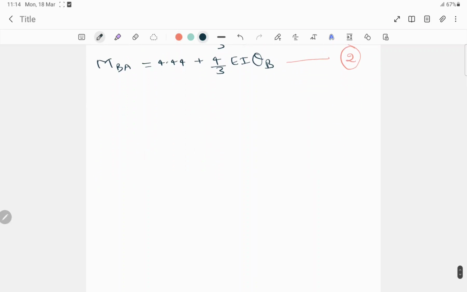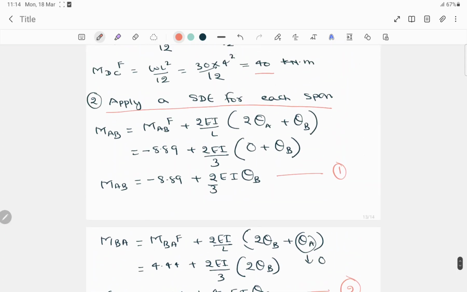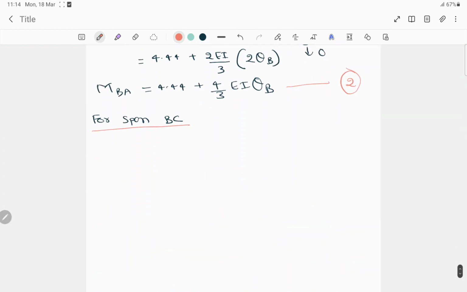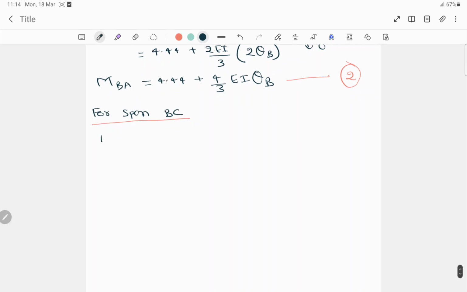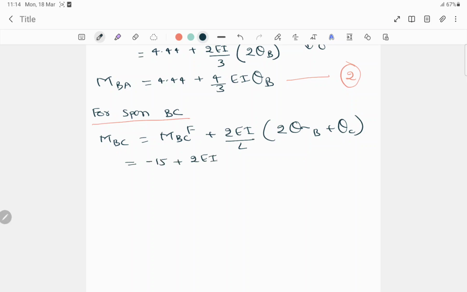This was for span A to B. Now we'll solve for span B to C. The formula is the fixed end moment from B to C plus 2EI by L into 2 theta B plus theta C, which is equal to minus 15 plus 2EI, where for span B to C the length is 4.